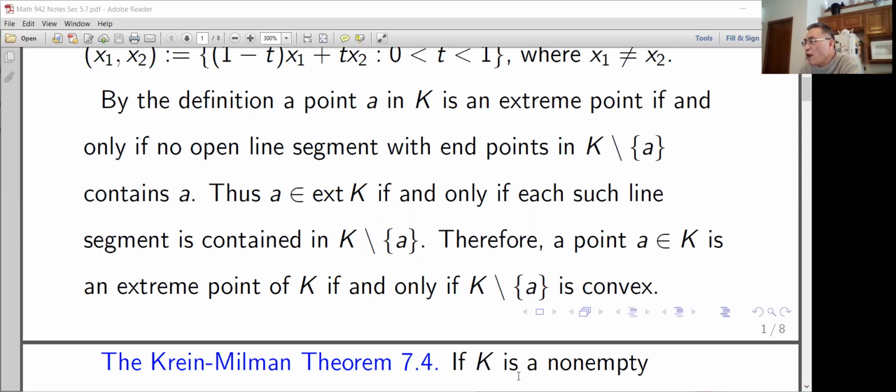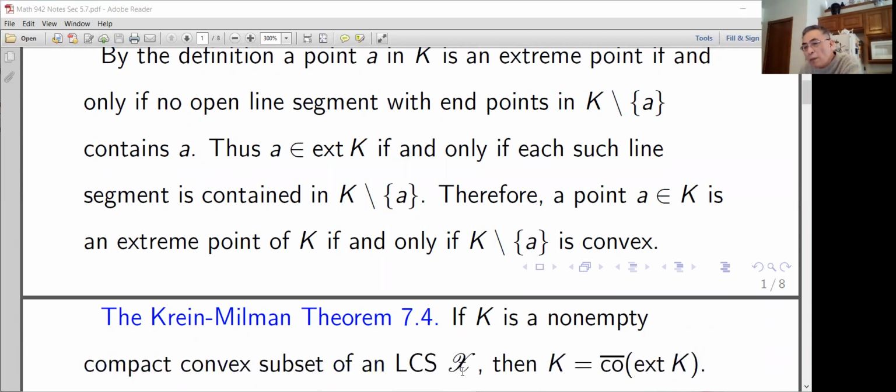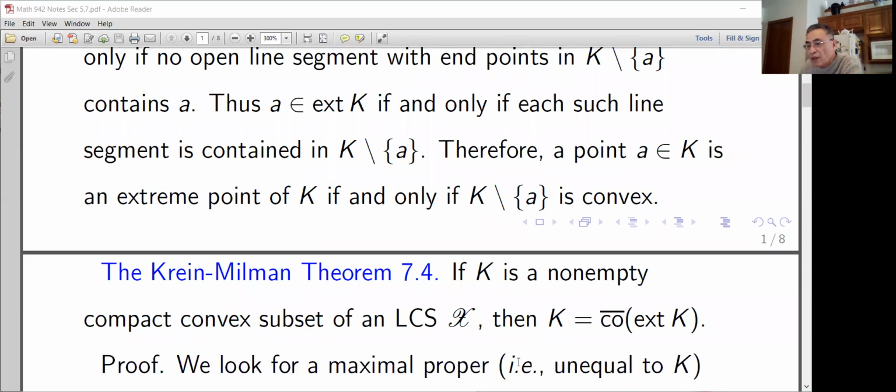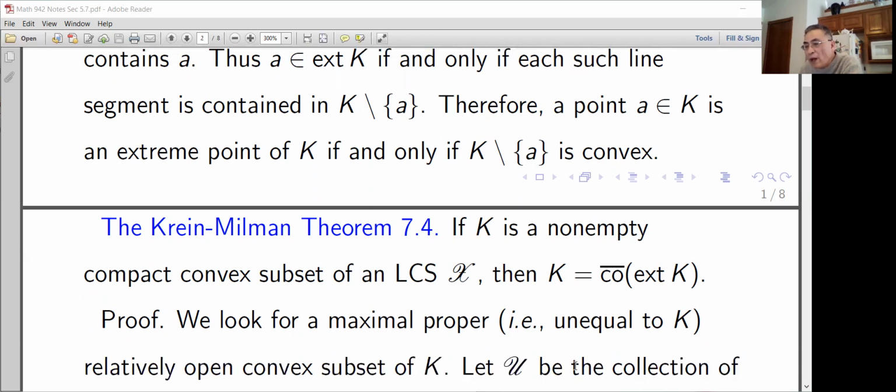If K is a non-empty compact convex subset of a locally convex space X, then K is equal to the closed convex hull of ext K. Proof: we look for a maximal proper, here proper means unequal to K, relatively open convex subset of K.